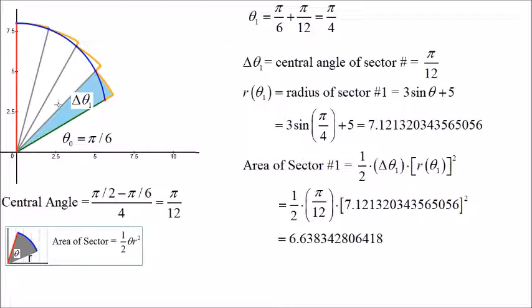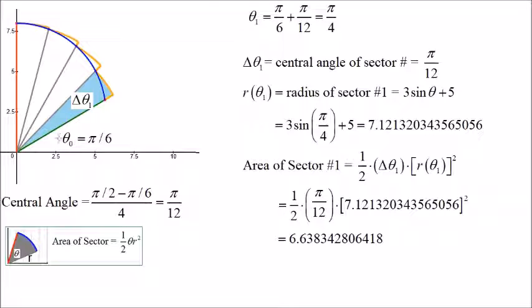This central angle will be pi over 12, and then this will be pi over 12, and this will be pi over 12. So each central angle is pi over 12. The angle from the polar axis, or the x-axis, to this line right here is pi over 6.